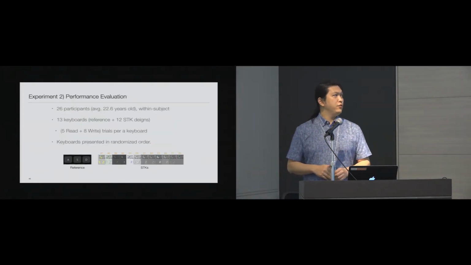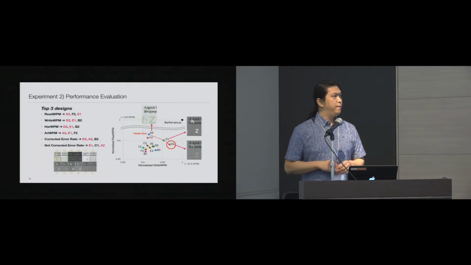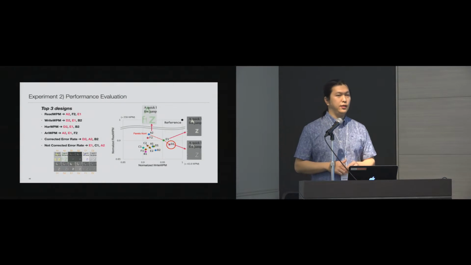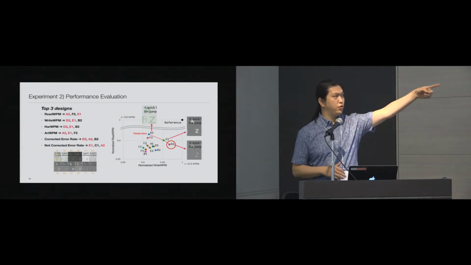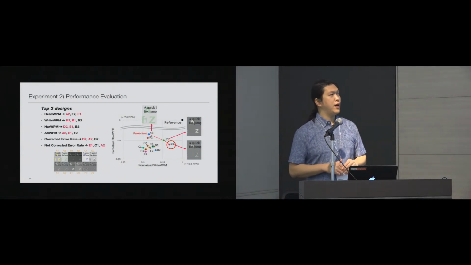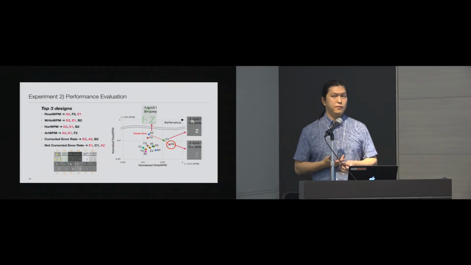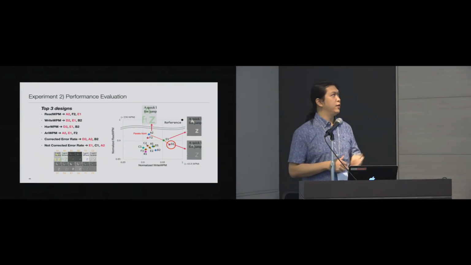The performance evaluation was done with the reference and the 12 designs. And we similarly tested typing and reading, and they formed the same kind of Pareto front as shown there. And there are 3 designs forming the Pareto front, and they are included in the top 3 designs in our metrics.